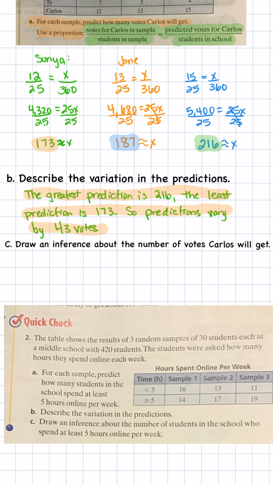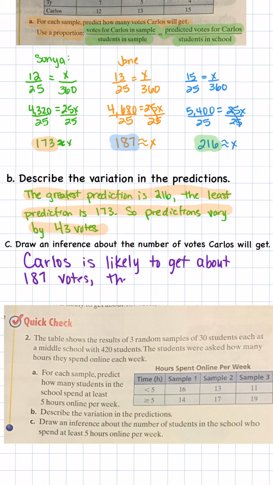So our inference, our conclusion, is going to be Carlos is likely to get about 187 votes. And that's the median, the middle number, prediction. Okay, get that written down.